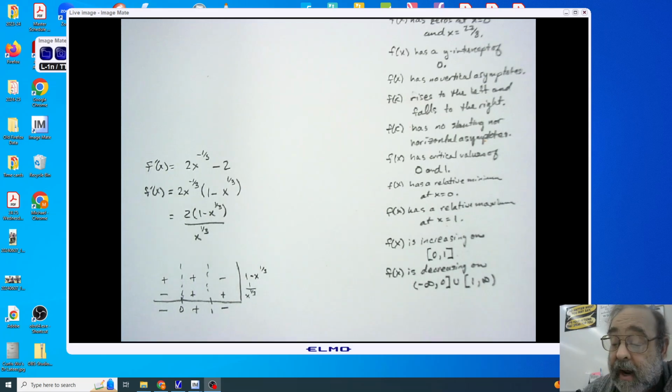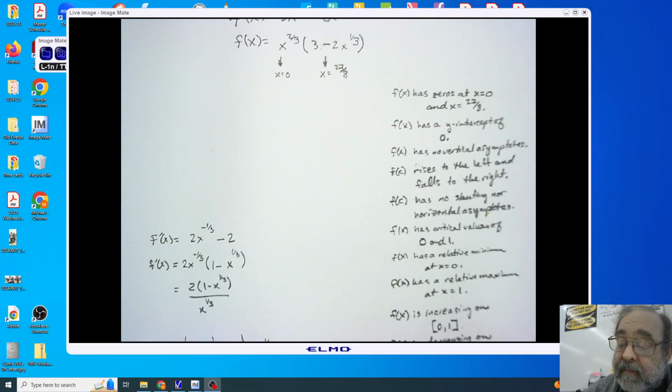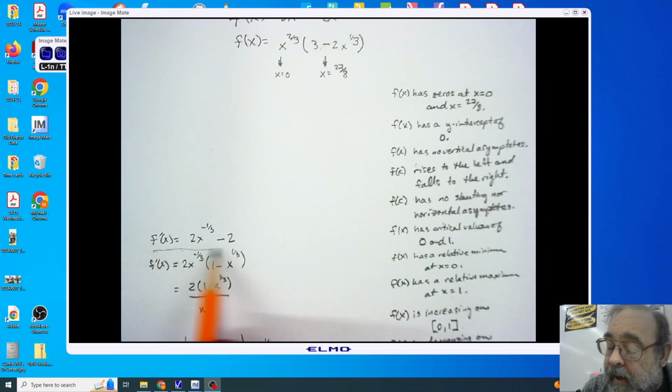Let's see, we're now going to need to take our second derivative. So f double prime of x has to be negative 2/3 x to the minus 4/3 power, which is negative 2 over 3x to the 4/3.